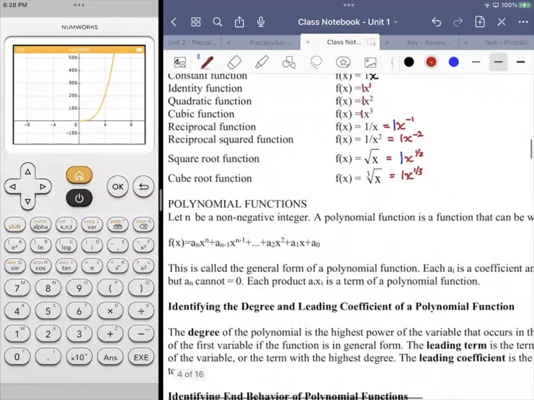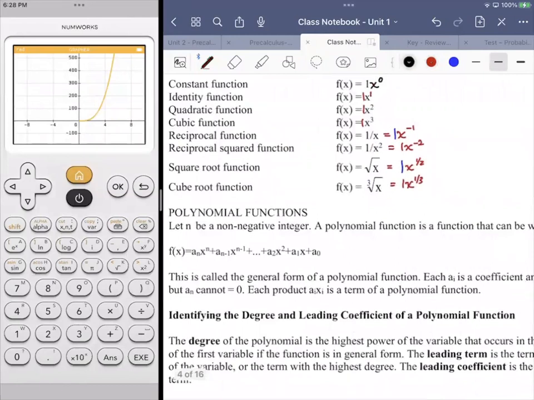In the case of polynomial, we're saying, for example, f of x is equal to 3x to the third plus 2x to the first, well, I'll go second here, plus 5x to the first plus 7x to the 0th.